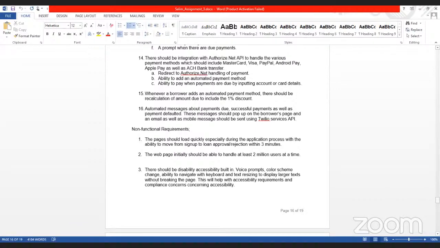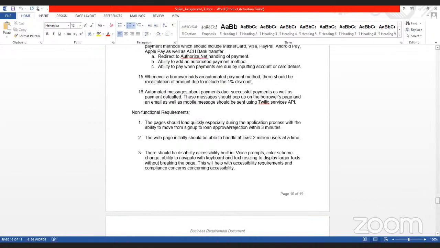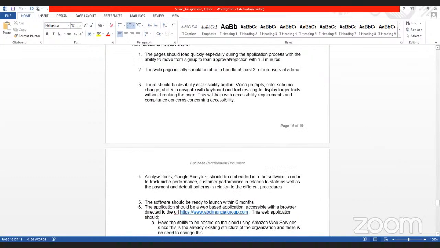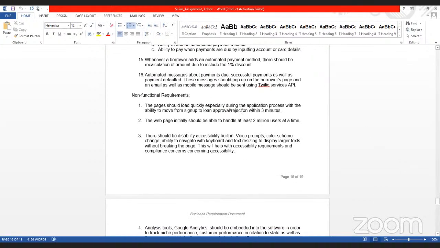With the non-functional requirements, I went with the accessibility of the page, especially the initial setup. It should be possible to do in 3 minutes, let's say for a fast user who knows their way around, so they should be able to start and finish the process within 3 minutes.